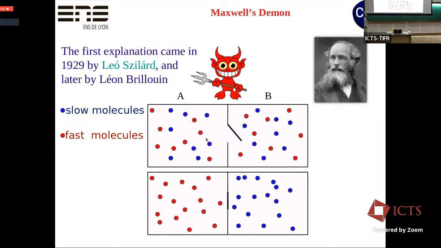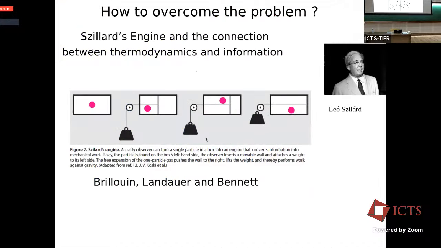Let me see. Yes, question? Okay, no questions. So what did Szilard think? He had a very nice idea: he thought of a single-molecule gas moving inside a container. Now you see that the idea is quite simple. The demon does not have to make many measurements.